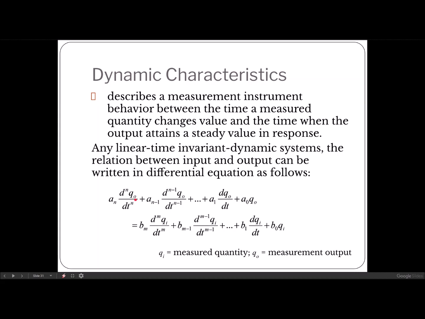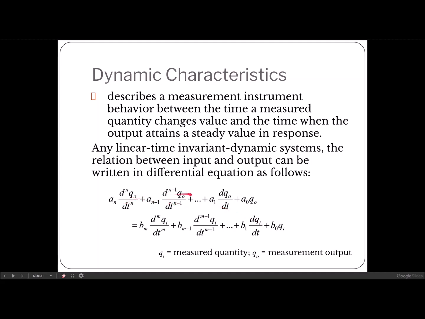Why do we call it first order? Because it only includes at most the term of the first derivative of output or input.